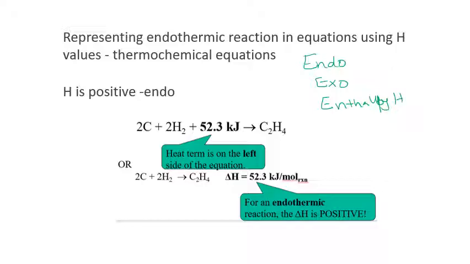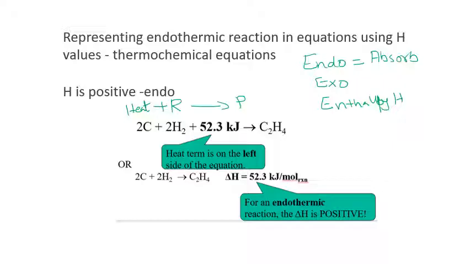What is endothermic? Endothermic means any reaction that absorbs some heat energy. Okay, so endothermic absorbs. So it is absorbing means we will write it on the reactant side. So when the reactants change to product and when it absorbs heat energy, we call it endothermic.